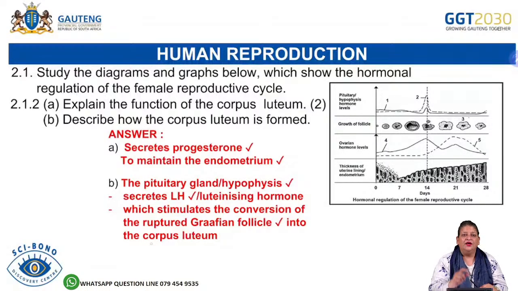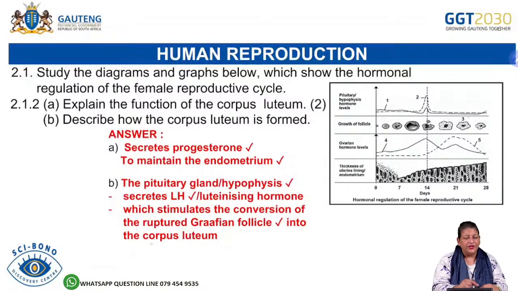What is it? It is the pituitary gland that secretes LH. The LH will move into the bloodstream. I'm giving you even better answers now. The pituitary gland secretes LH, a hormone which enters the bloodstream to go to the target organ called the Graafian follicle.